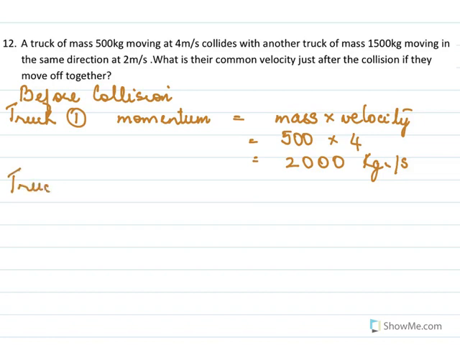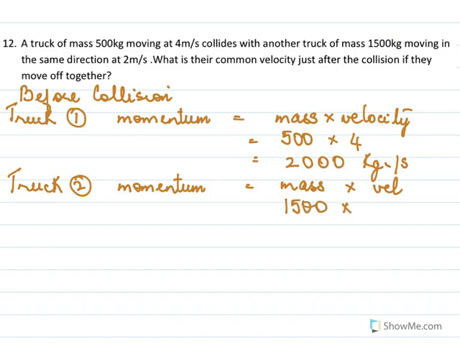Now we get on to truck 2. So we have to find the momentum of truck 2 before collision, and that is mass into velocity. Truck 2 is 1500, velocity is 2, so it is 3000 kg meter per second.